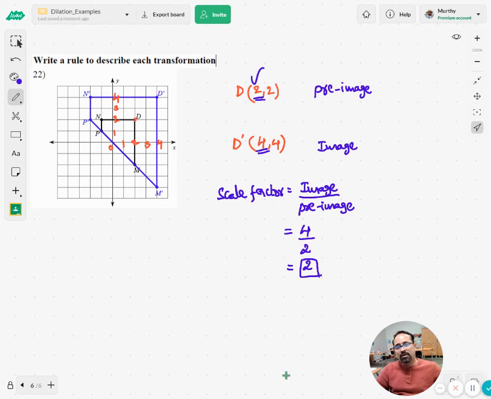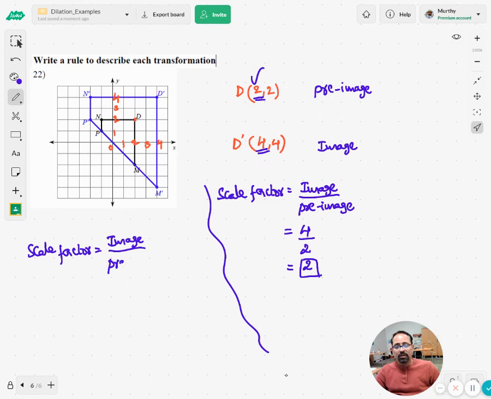This is one method, and there is another method. If you want, you may find the length of two sides instead of taking the points. Let me write the condition first. Now I'm taking image.